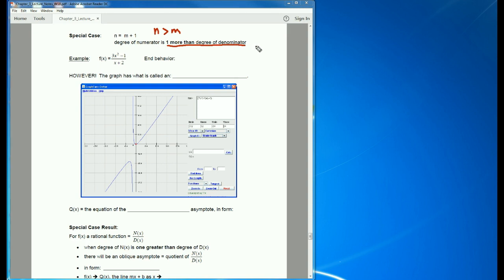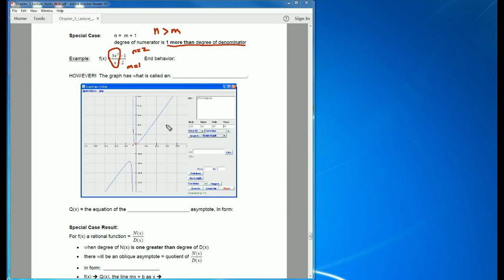If we look at the ratio of the leading terms, we can see that n is equal to 2 and m, the degree of the denominator, is equal to 1.